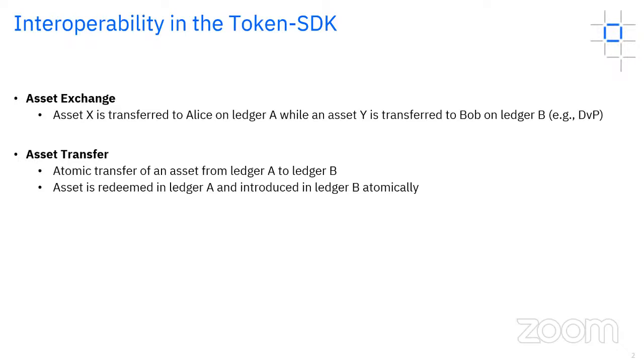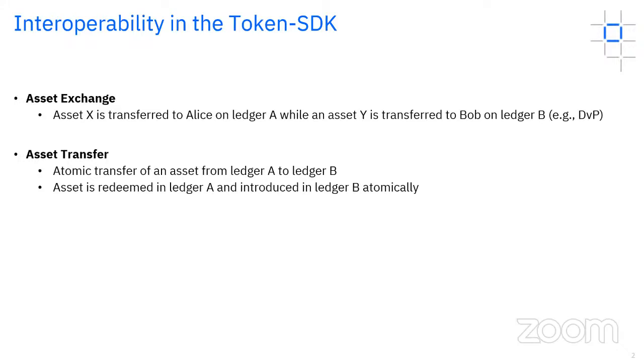The second use case is asset transfer, which reflects the movement of assets from one network to the other. In the asset exchange, we assume that the CBDC resides in one network and will not leave it, and the securities reside in another network and will not leave it. Whereas in the asset transfer, you could imagine there is a first network of CBDC and another network of CBDC, and the assets move from one network to the other.